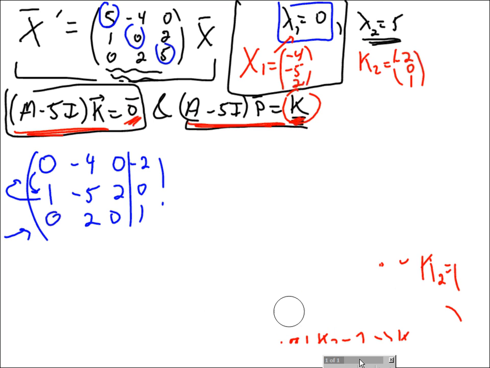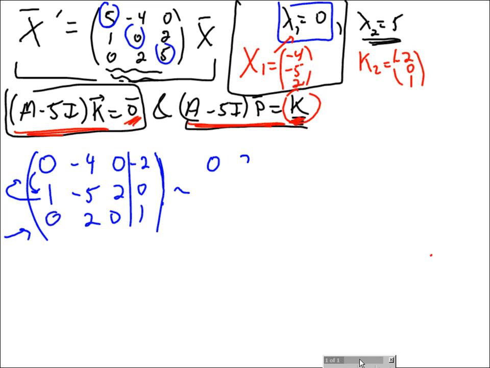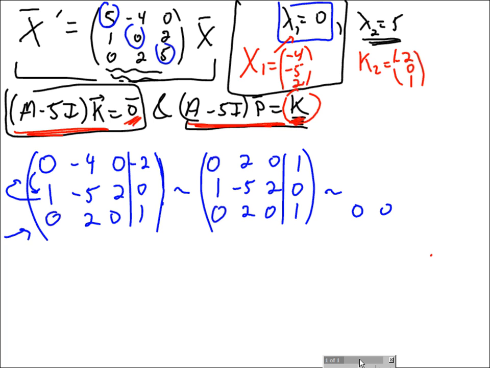Okay, so now if I divide the first row by negative 2, I get 0, 2, 0, 1. The second row I won't change. The third row I won't change. Well, I already see a row of zeros. Sorry, the first and third rows are the same.